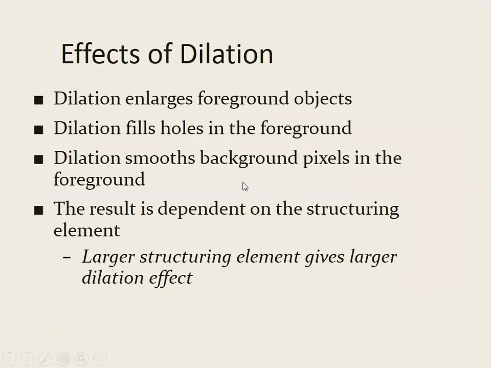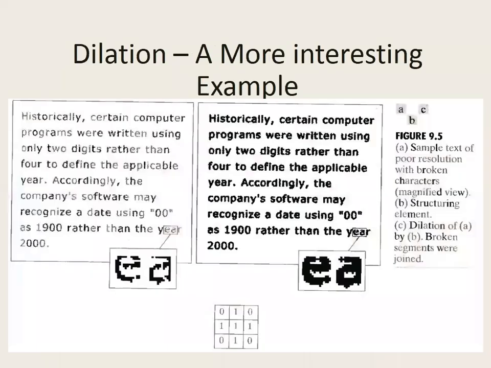It's reducing background and increasing the foreground. Especially as you increase the size of the structuring element, the effect of dilation also increases. As a result, experimentally, we have to identify an optimal structuring element.